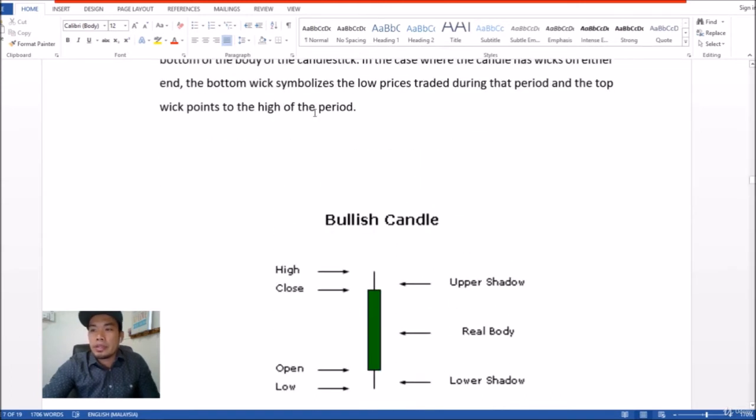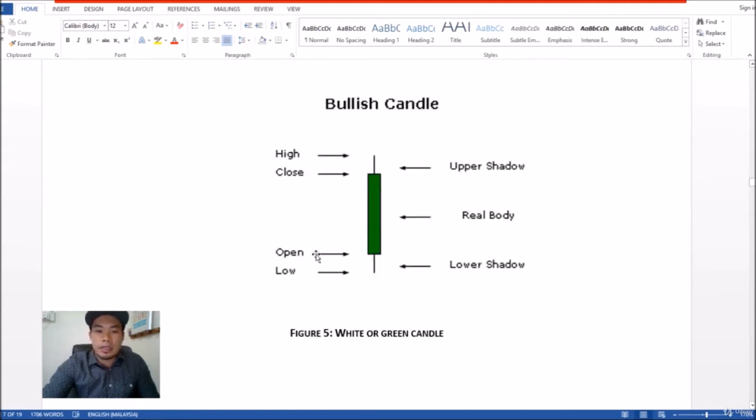Easy to say, a bullish candle opens low and closes higher. This results in the real body being green or white, and you can see wicks above and below the real body, which indicate the price moved along this trading range during the day, with the high and the low.